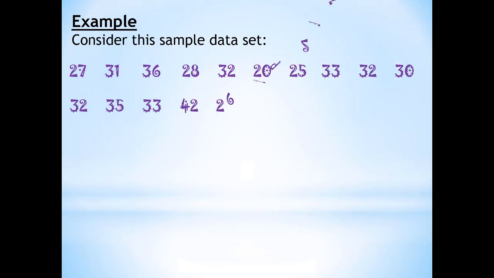Here we have another data set. This time it says it's a sample data set. And we have 20 numbers in this sample: 27, 31, 36, 28, 32, 20, 25, 33, 32, 30, 32, 35, 33, 42, 26, 29, 27, 24, 28, 270.